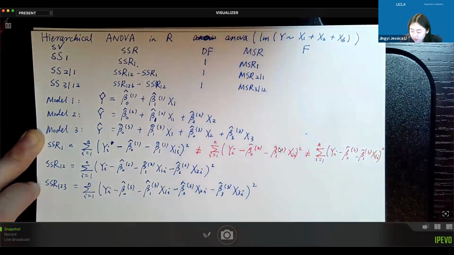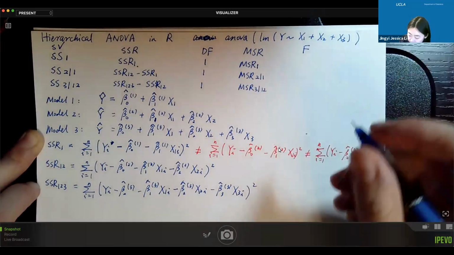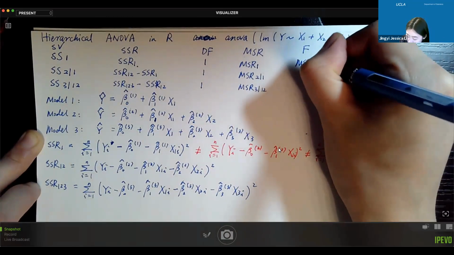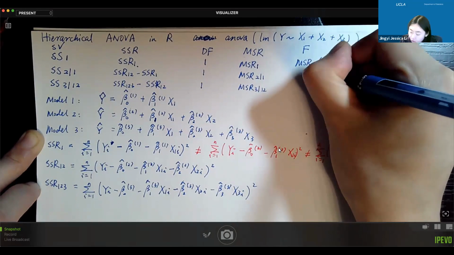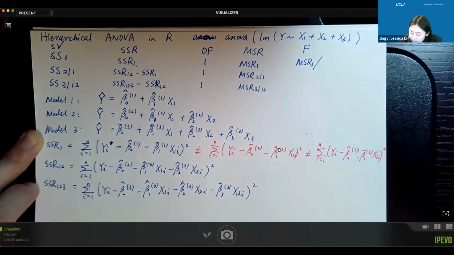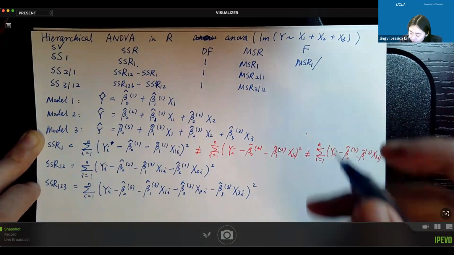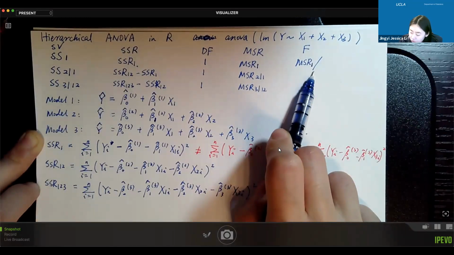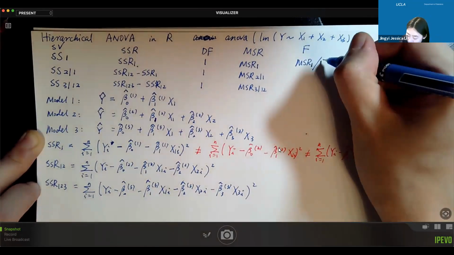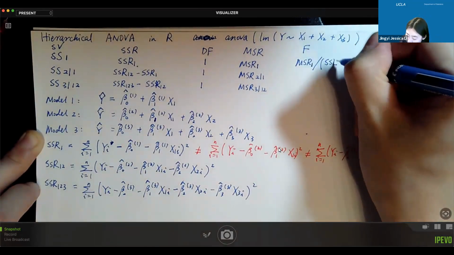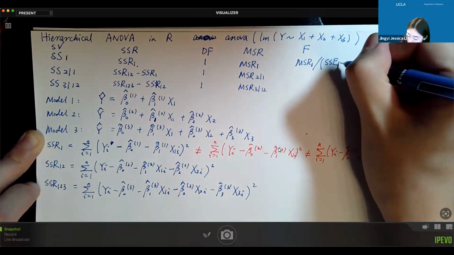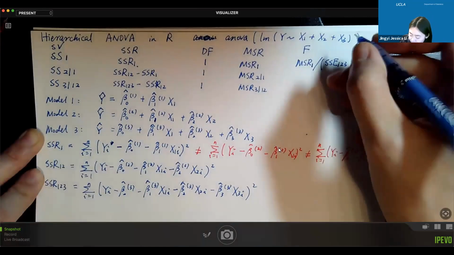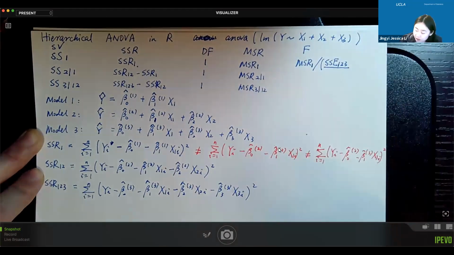For the F-statistic, we know it's defined as MSR1 over MSE. That's the trickier part. When we are doing this hierarchical ANOVA, what R does is divide this by the SSE of 1, 2, 3, the full model, divided by n minus the number of parameters in the full model.